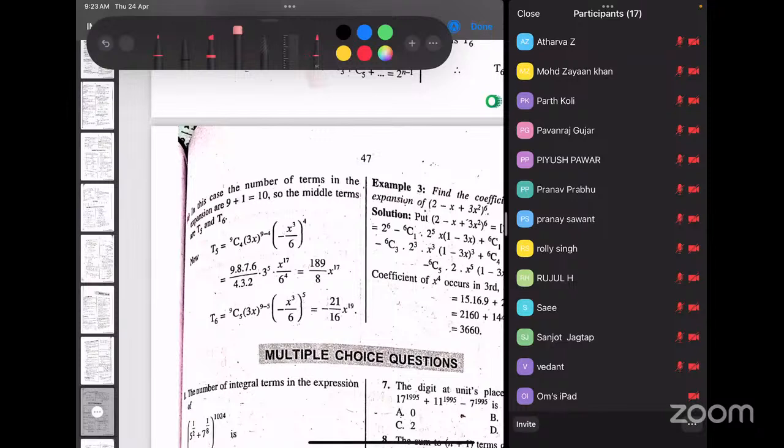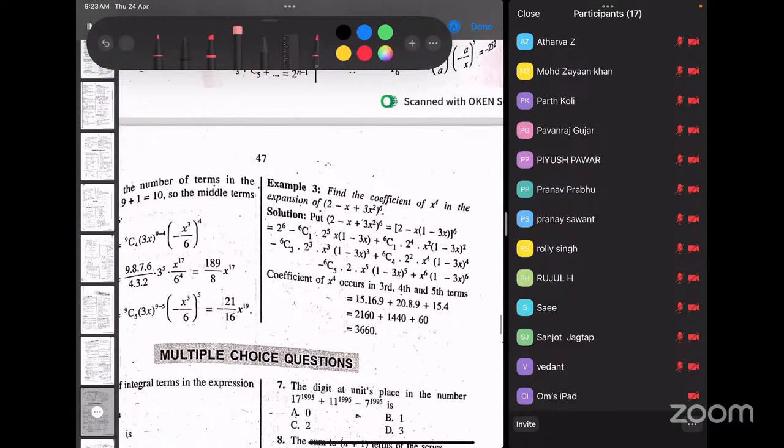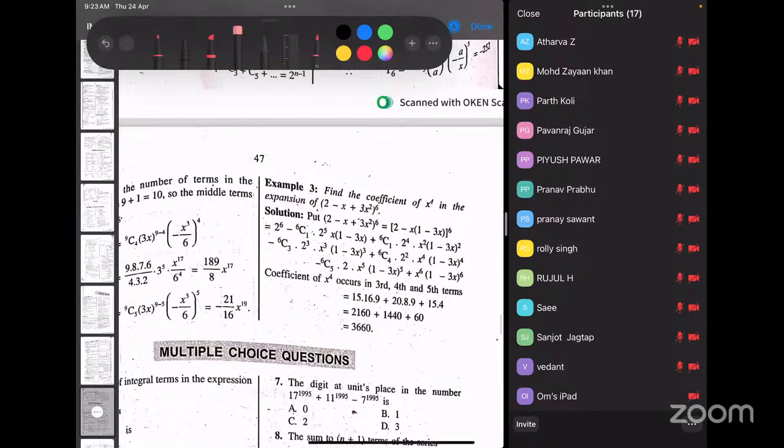For T5, we will have T4 plus 1, and for T6, we will have T5 plus 1. Understood or any doubt? Yes, is there any doubt?